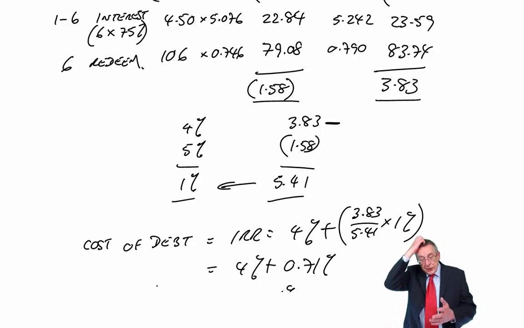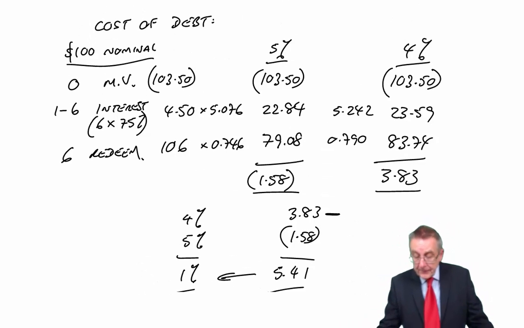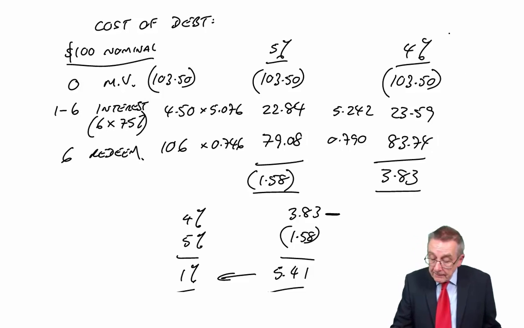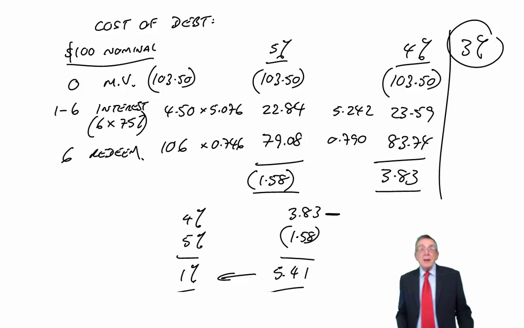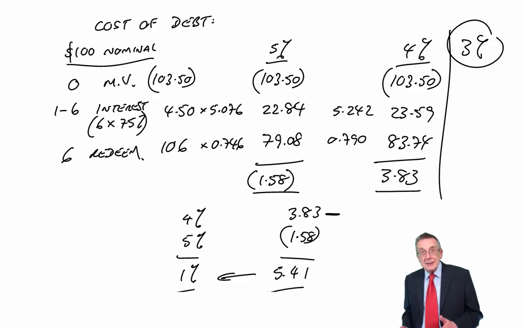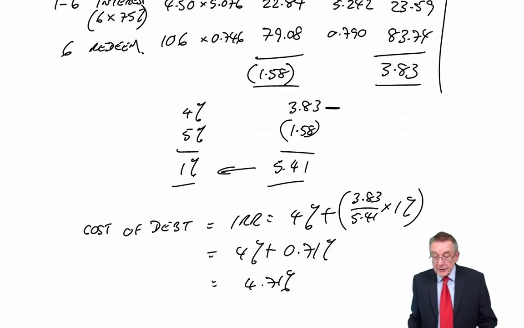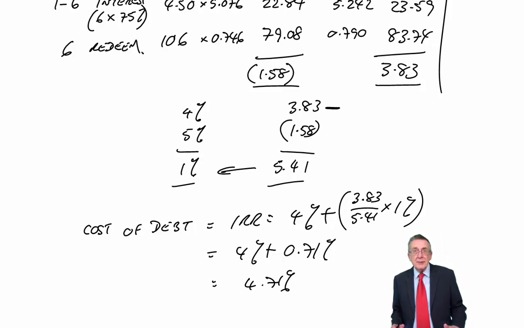The reason I mention it is that it doesn't matter what guesses you've chosen. Having guessed at 5, it should be clear the IRR is less than 5, so the second guess should be less than 5. You could have done it at 3%. I'm not going to. But if you'd made a second guess at 3%, you would have ended up with a slightly different internal rate of return. In general terms, it could easily be up to 1% different.